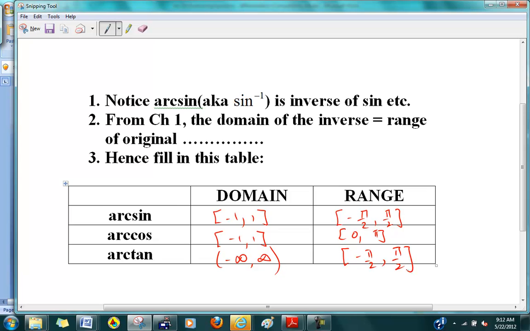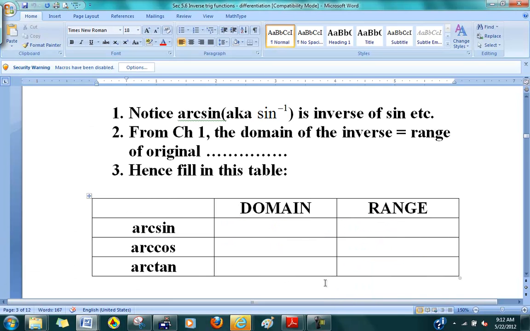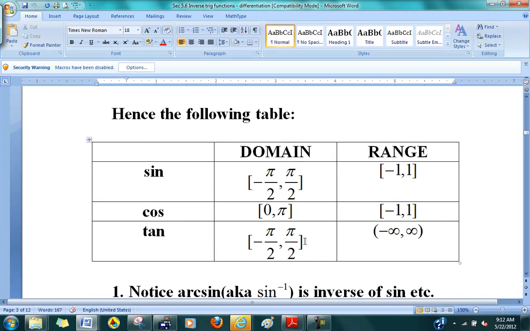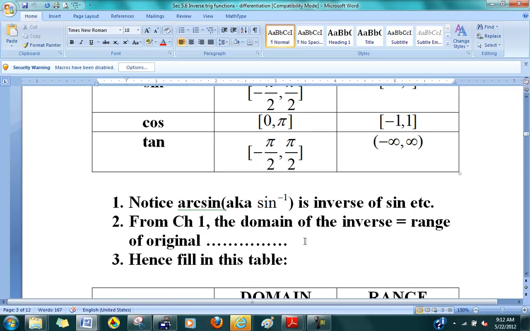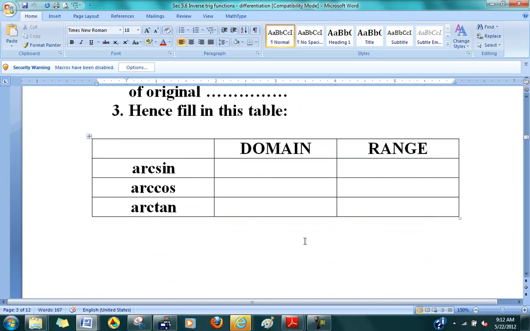All you did was interchange from this table right here. The domain becomes the range of the other, the range of one becomes the domain of the other. That's what item number 2 was.